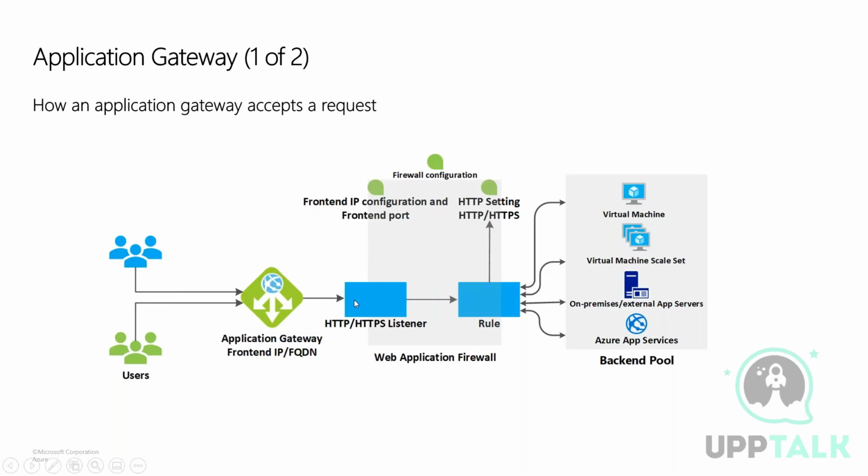Something like the Front Door service, though it works on HTTP, HTTPS, cannot help you connect to your on-premises environment. It will only help you work with your Azure-based resources or web-based resources running on cloud platforms. That's the core advantage of using application gateway.